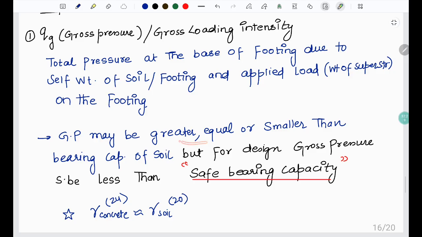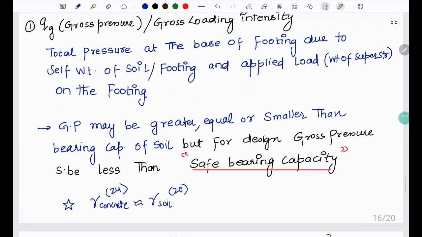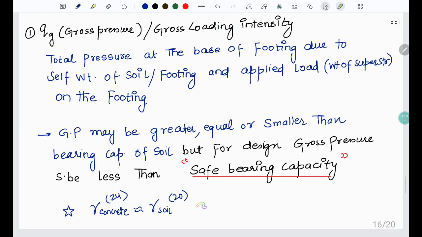Gross pressure may be greater, equal or smaller than the bearing capacity of soil, but for design, gross pressure should be less than the safe bearing capacity. In analysis, we often consider the unit weight of concrete to be nearly equal to the unit weight of the soil.